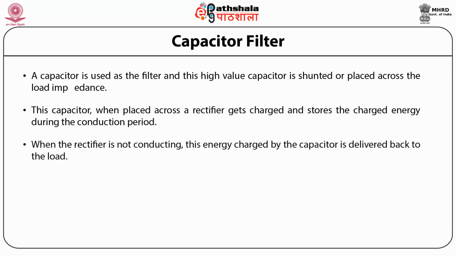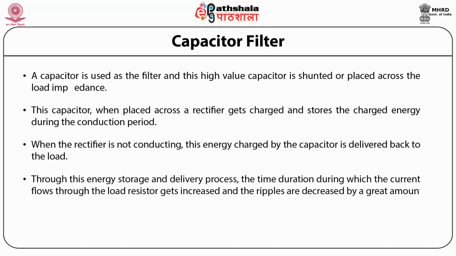When the rectifier is not conducting, this energy stored by the capacitor is delivered back to the load. Through this energy storage and delivery process, the time duration during which the current flows through the load resistor gets increased and the ripples are decreased by a great amount.